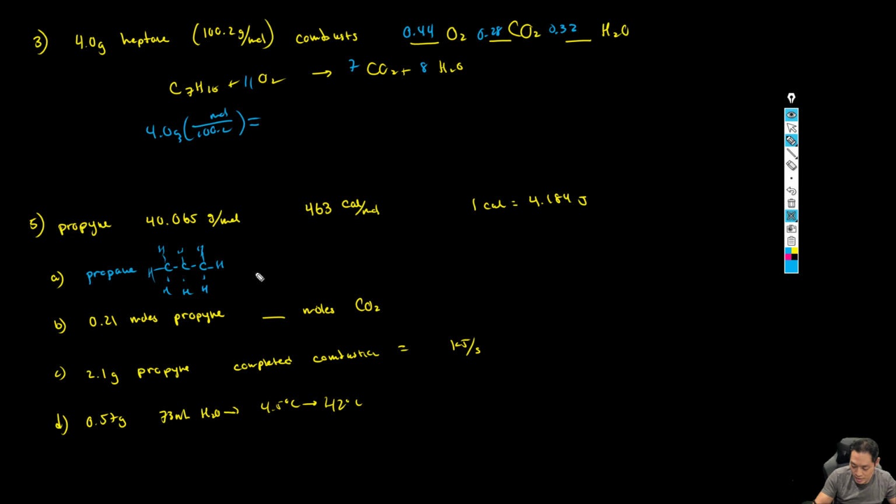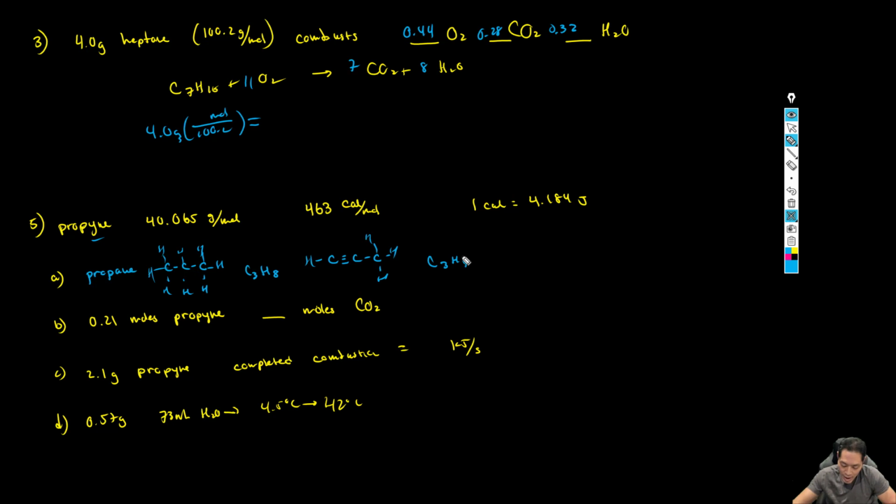So that's C3H, 2 times 3 is 6 plus 2, 8. Propyne has a triple bond, so C, 1, 2, 3, C, C. So 1, 2, 3 H's, 1, 2, 3. This has C3H4. So it has 4 fewer H's, and we want to know how many moles of CO2 it is going to make.